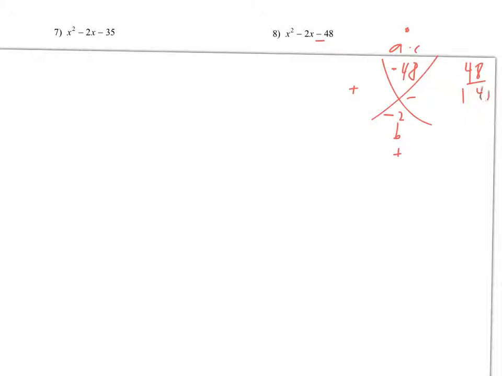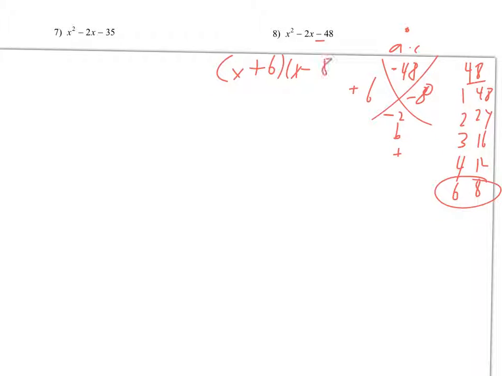So I have 1 and 48, I got 2 and 24, I got 3 and 16, 4 would be 12, 5 doesn't work, 6 and 8. And I think that's it. So I'm looking to subtract a 2, so I'm going to say that it's the 6 and the 8. But since I need to add to a negative 2, I'm going to make the bigger one negative 8 and then the smaller one 6. So then I got x plus 6 and x minus 8 there.